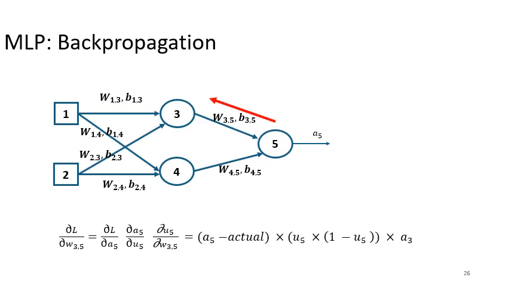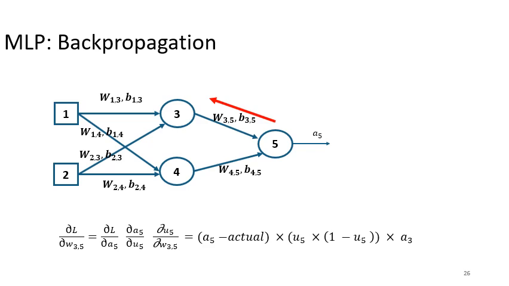So let's assemble these derivatives using the chain rule to compute the final derivative. Substituting the previously derived expressions, we have E5 minus actual, multiplied by E5, multiplied by 1 minus E5, multiplied by E3.